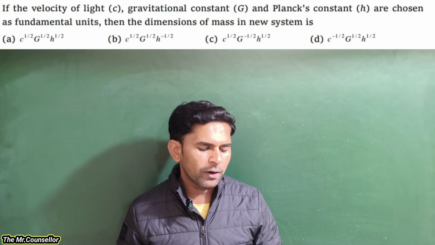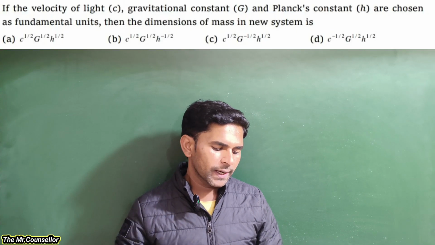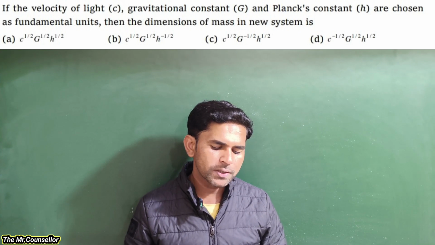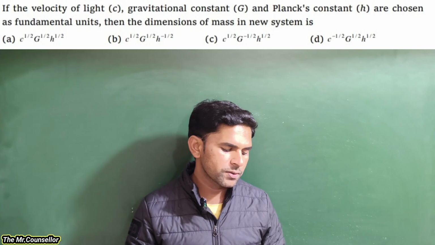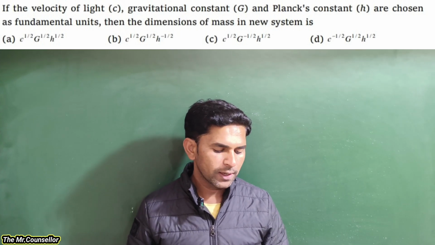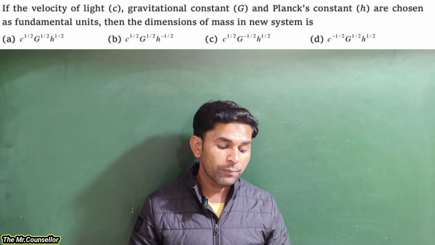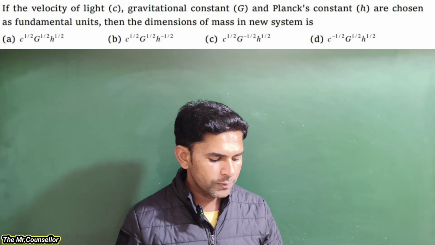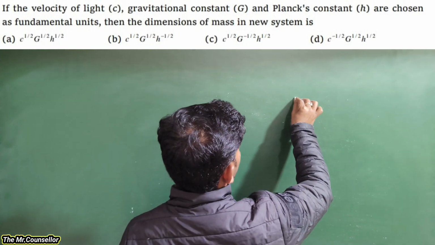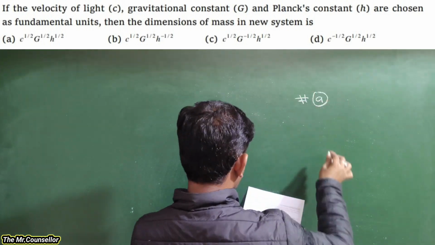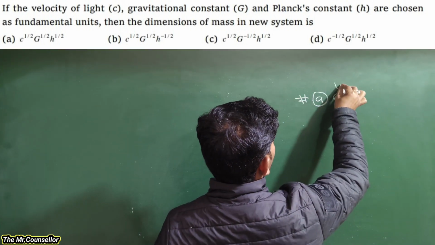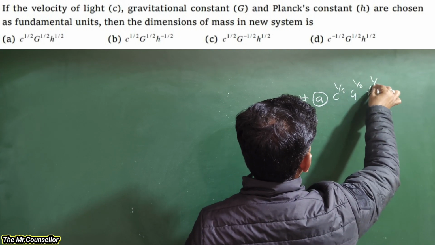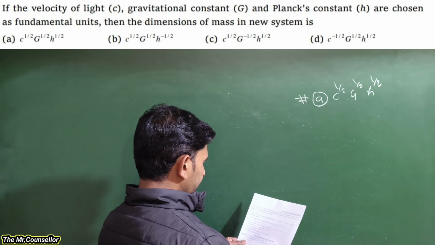If the velocity of light c, gravitational constant G and Planck's constant h are chosen as fundamental units, then the dimensions of mass in the new system is. Option A is c power 1 by 2, G power 1 by 2 and h power 1 by 2.